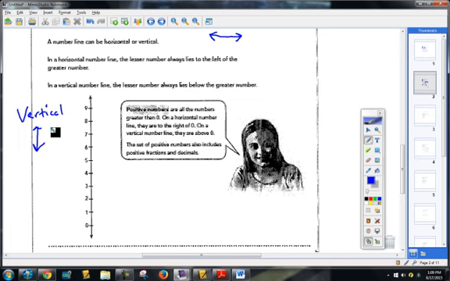The way I always remember these is, maybe if you're an athlete, or in gym class, you've tested your vertical jump or your vertical leap, which is how far you can jump off the ground. Well, if you jump off the ground, you jump up and down. So that's maybe a way to help you remember what a vertical number line is.